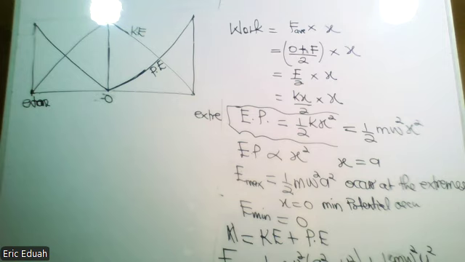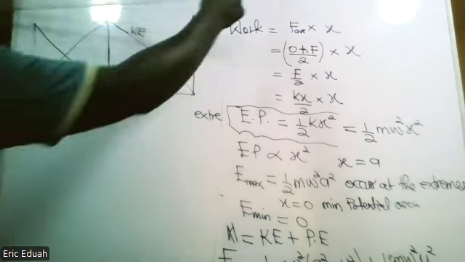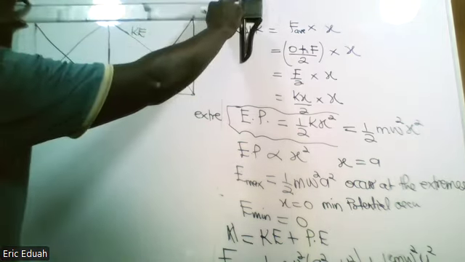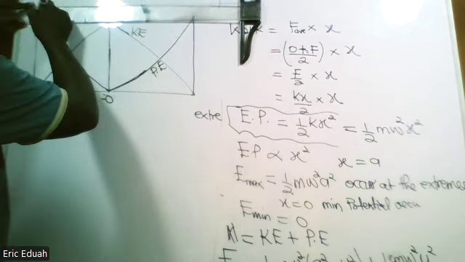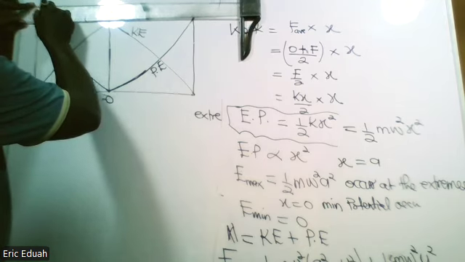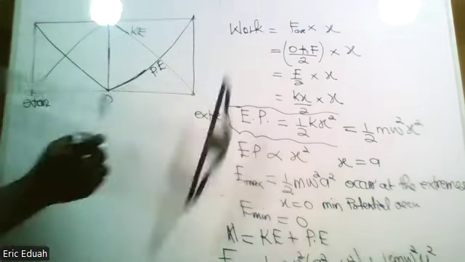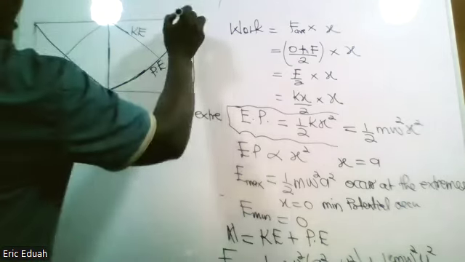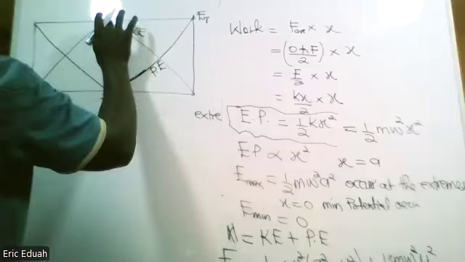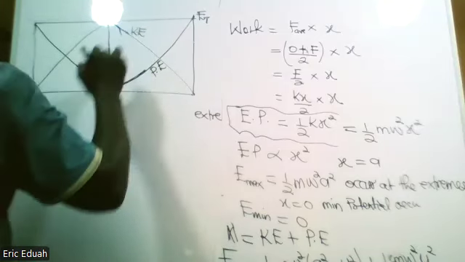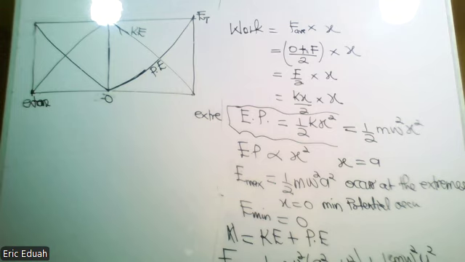A line connecting the two graphs gives us the total energy possessed by the body, which is its mechanical energy. So this is E total. And this represents the energy interchanging graph in terms of displacement.